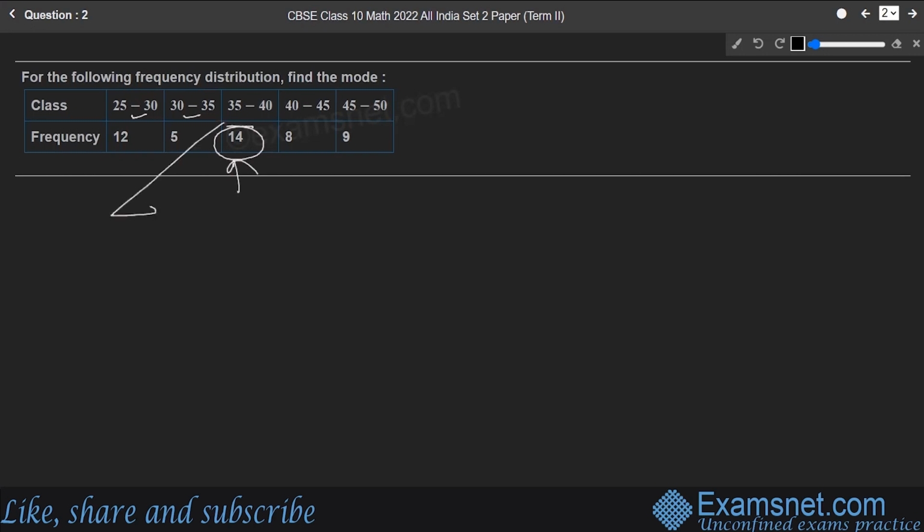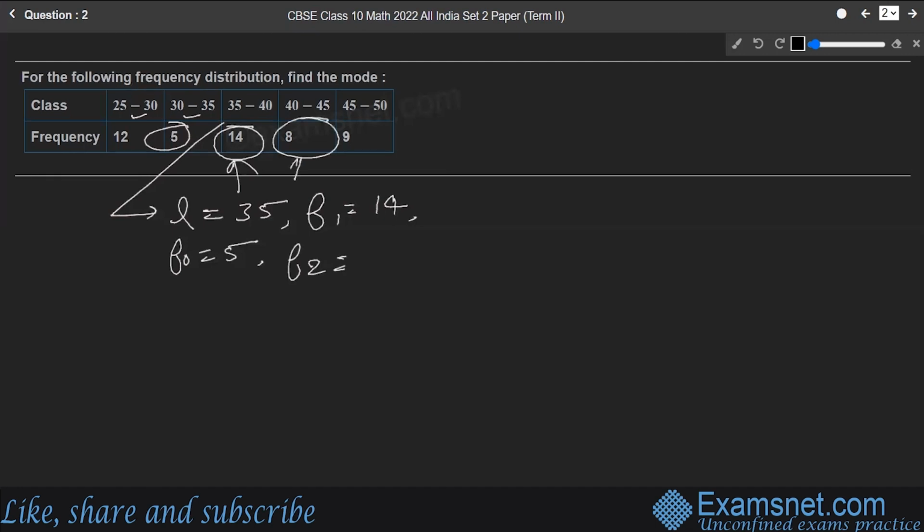So the lower limit of this class, that is L, is 35, and the highest frequency, F1, is 14. Then F0 is nothing but the frequency of the previous class, which is 5. Then F2 is nothing but the frequency of the succeeding class, which is 8.